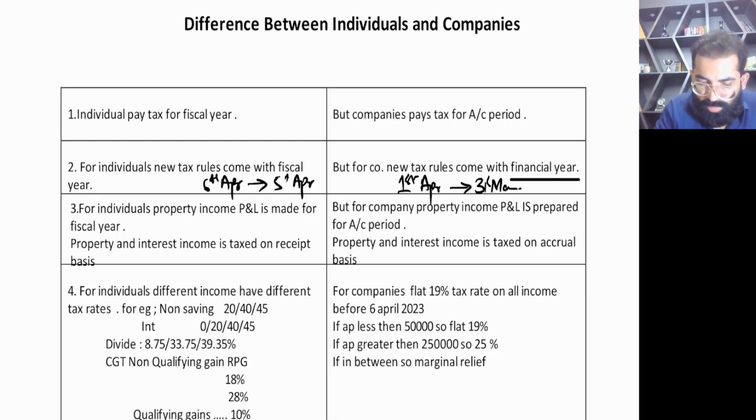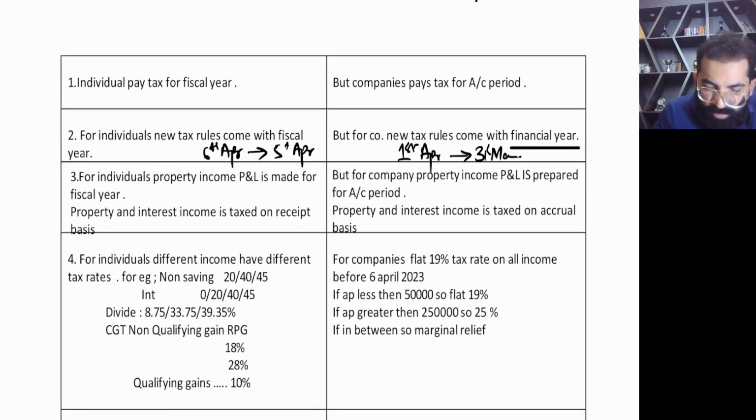Okay, now number 3, for individuals the property income PNL is made for the fiscal year. Property and interest income is taxed on receipt basis. Yes, I have already told you this.